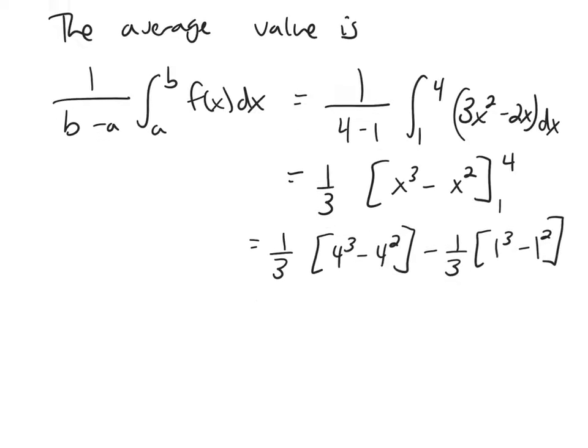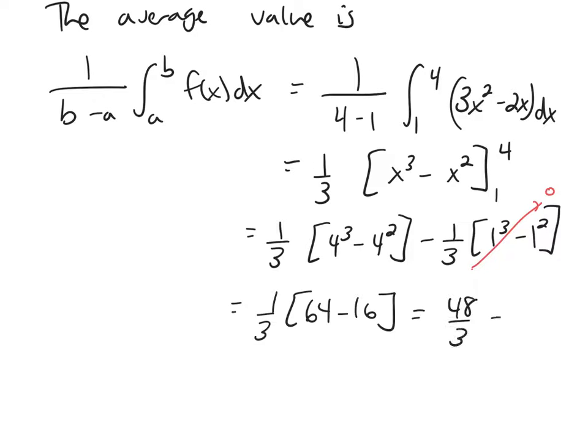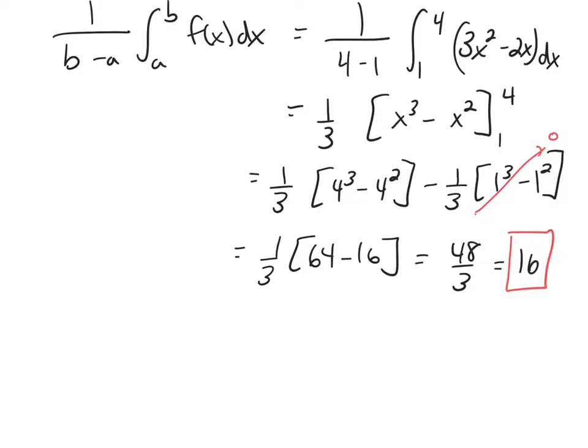So the second one will give you 0 because this is 1 minus 1. So you're going to get 1/3. 4 cubed is 64 minus 16, or 48 over 3, which is 16. So it looks like our average value is 16.